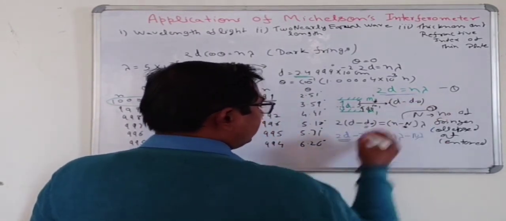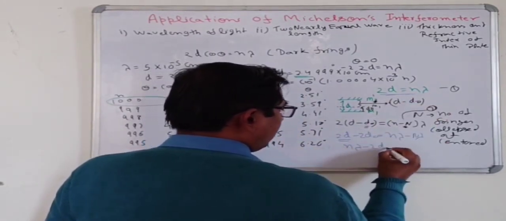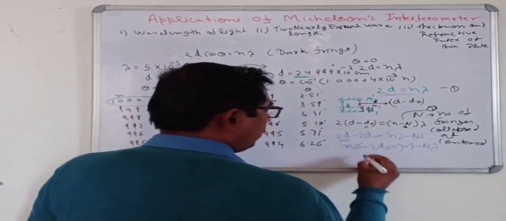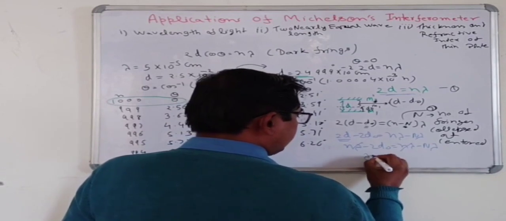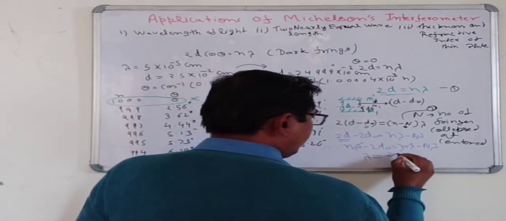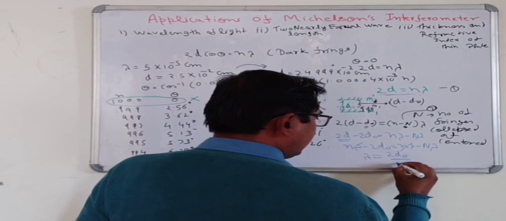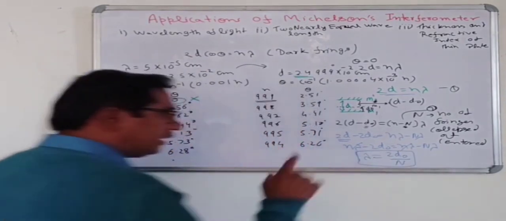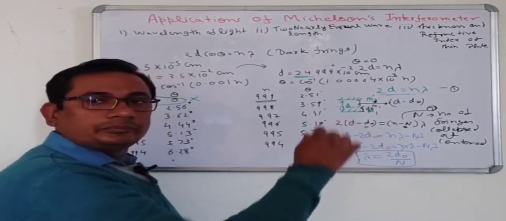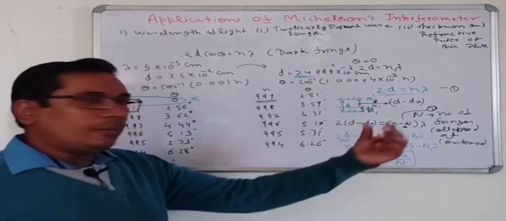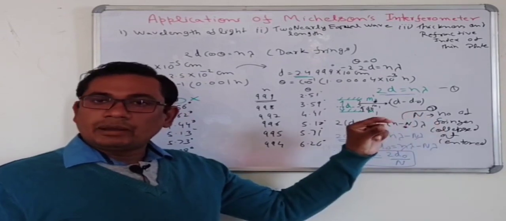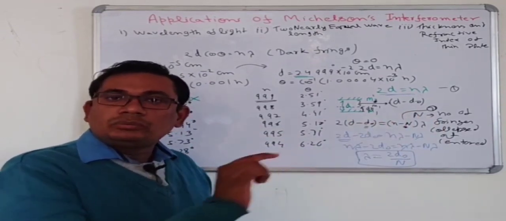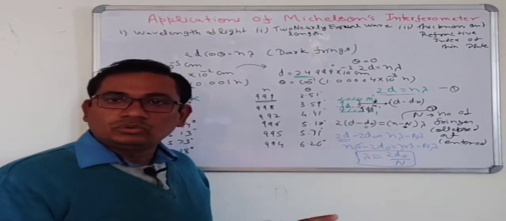Then n lambda cancels out, and the wavelength lambda is 2d naught divided by capital N. It means that experimentally you know the value of d naught, because you have decreased d with the help of the screw and you can measure d naught from the screw.